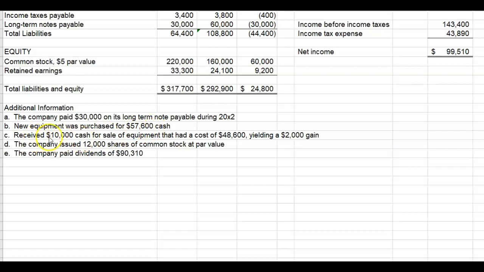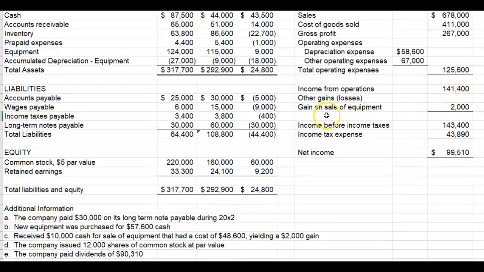And then we received $10,000 cash for the sale of equipment that had cost us $48,600 and had yielded a gain of $2,000. Just for your information, that's where this $2,000 gain came from.